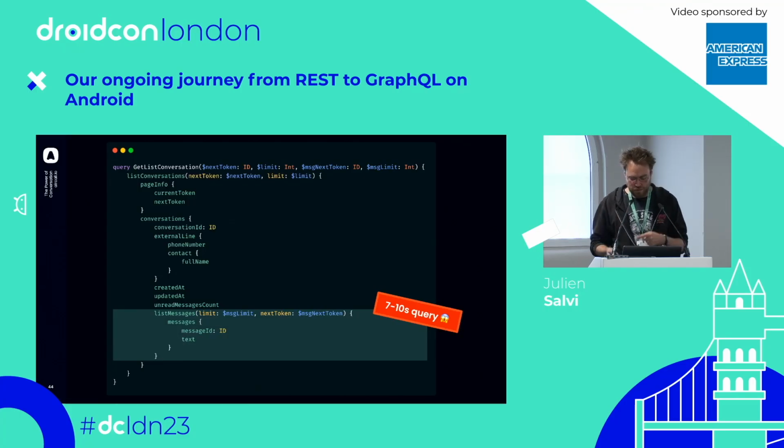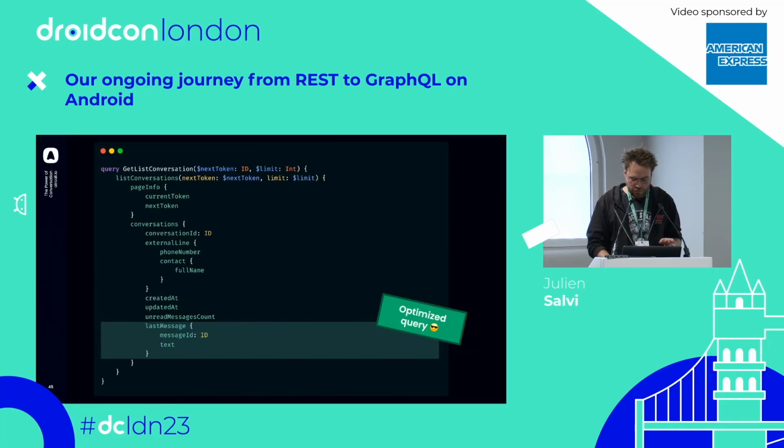So we thought with the backend team and they found the root cause. In the end, we found multiple solutions. One possibility here, for example, was to directly expose the last message inside the GraphQL schema. But there was also a lot of work under the hood to optimize the SQL query in the database, managing the indexes in the database in a better way.